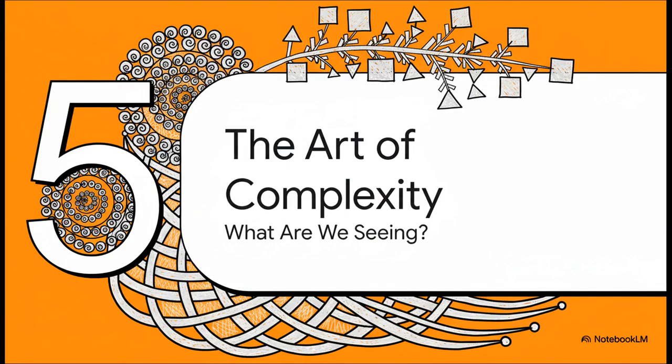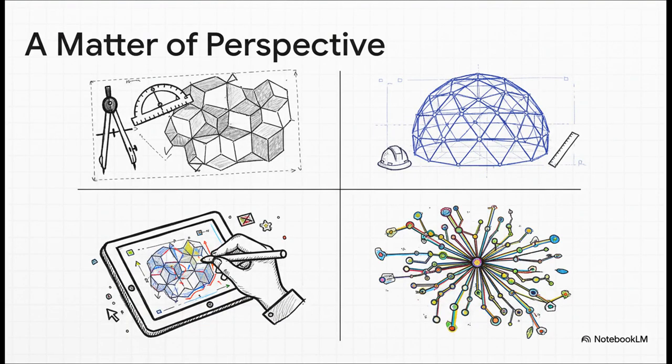So, we've broken it down, we've built it back up. Now let's just step back for a second and think about the art of all this complexity. I mean, what are we really looking at here? When it comes down to it, what you see is all about perspective. Is it like a pure math diagram showing some complicated formula? Or maybe it's a blueprint for some incredible glass dome? Could it just be digital art, something that's just beautiful to look at?